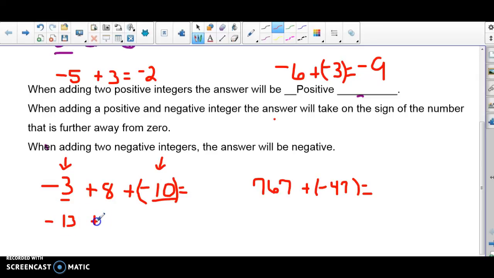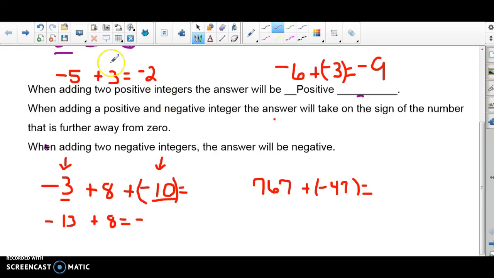And I'm going to add to that now a +8. And now I'm going to look at the rule. When I'm adding a positive and a negative number, the answer will take on the sign of the number further from 0. Well, -13 is further from 0 than 8 is. So I know my answer is going to be negative.